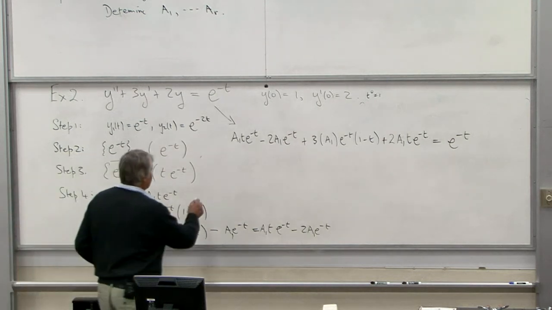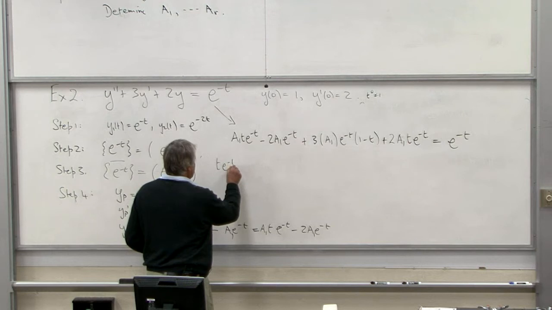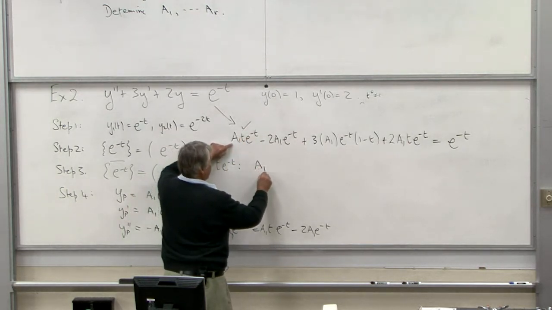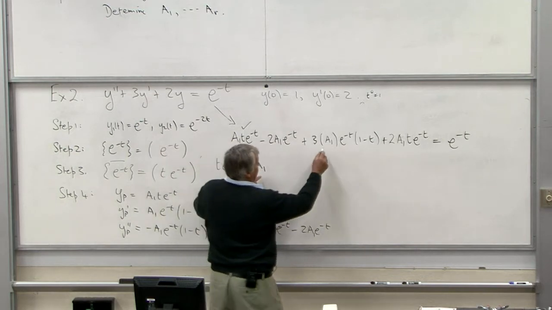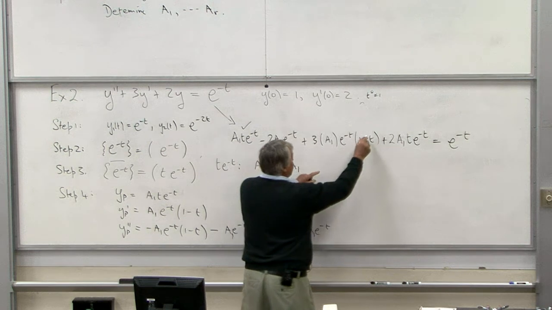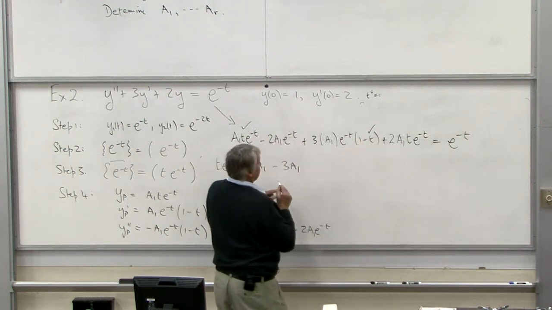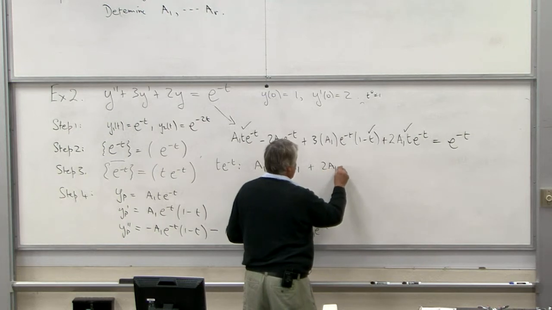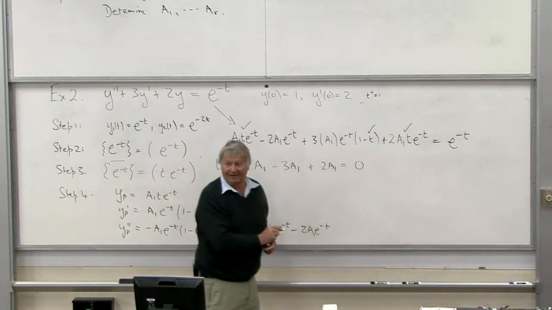Let's check. t e to the minus t. So I get this term, a1. Then I get minus 3a1 from this term. And then a plus 2a1 from him. I didn't need him.